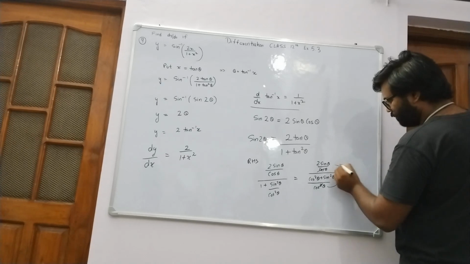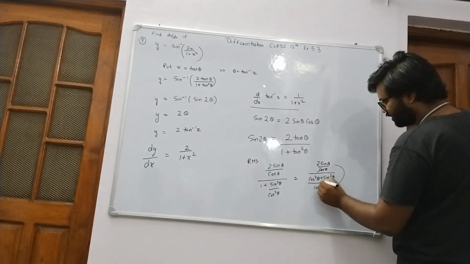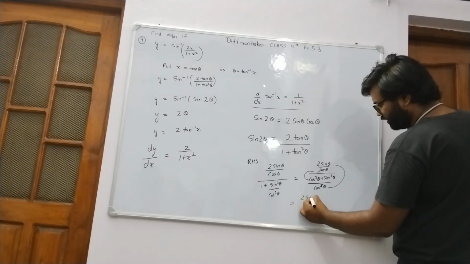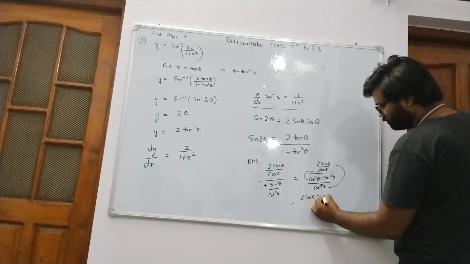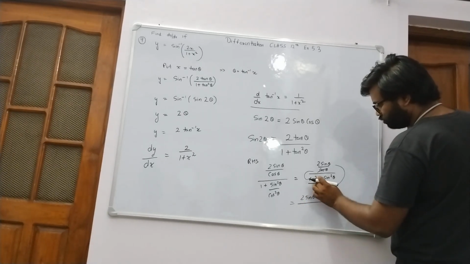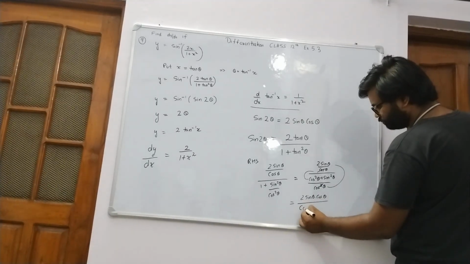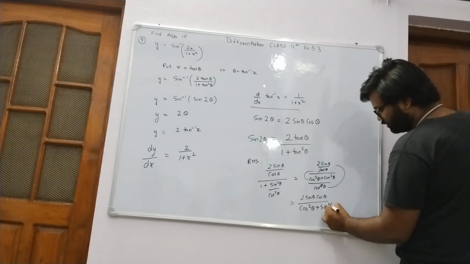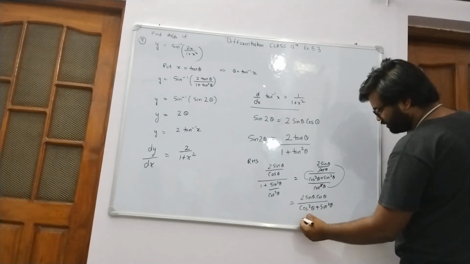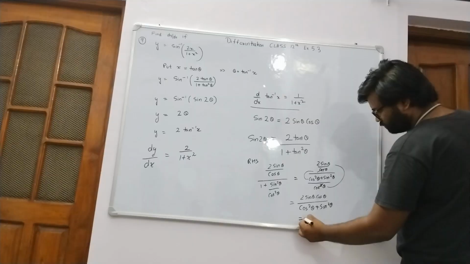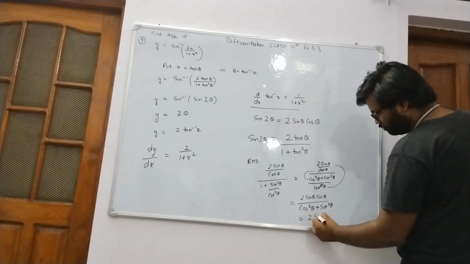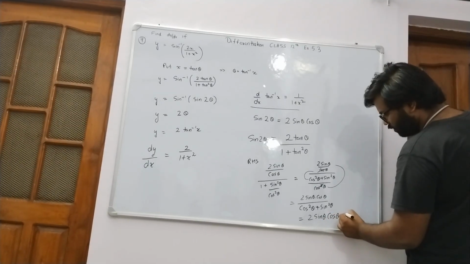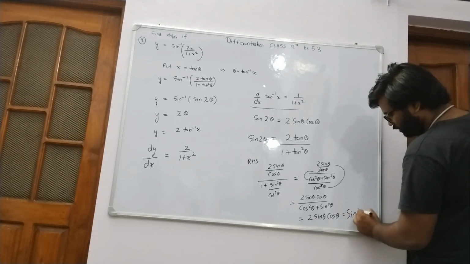This cos theta will go up, and this cos square theta plus sin square theta will come over here. So what we will get is 2 sin theta cos theta upon cos square theta plus sin square theta. And we have studied that this is a trigonometric identity, so instead of cos square theta plus sin square theta, we can simply write 1. So hence our answer would be 2 sin theta cos theta, which is equal to sin 2 theta.